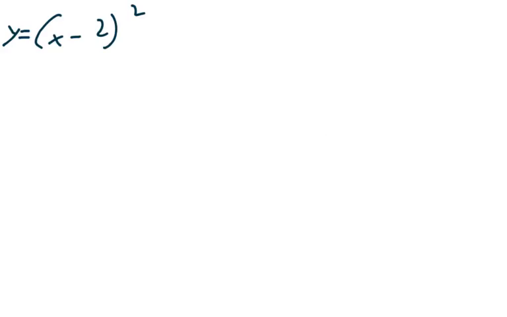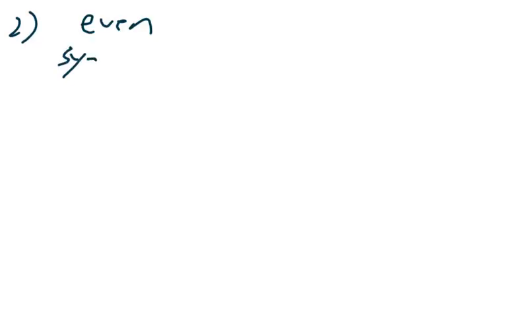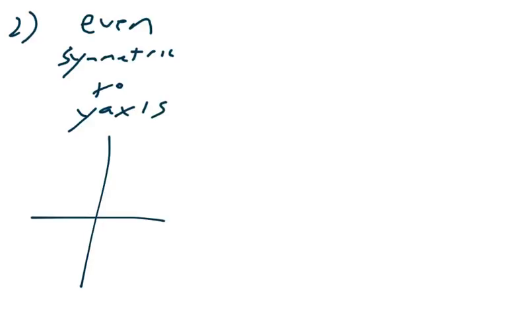When I have, in problem number 2, this is actually problem number 3, if I have an even function, I'm looking for anything that is symmetric to the y-axis. One example would be this.